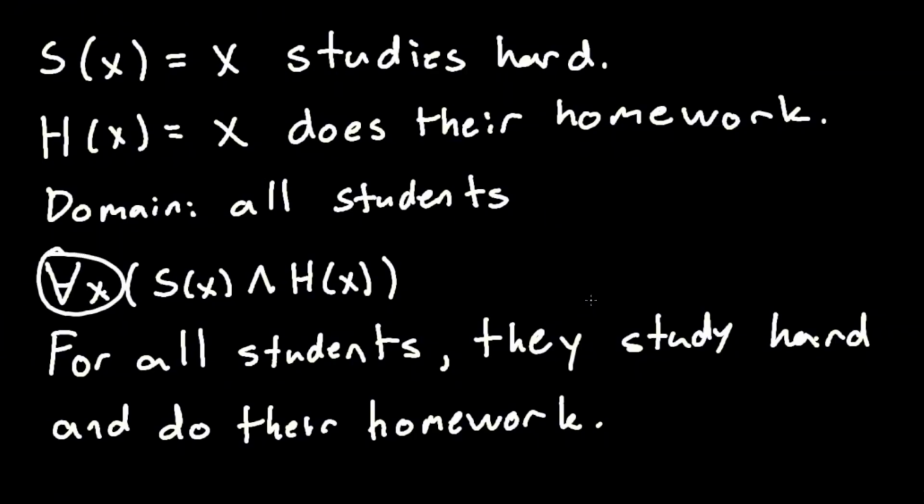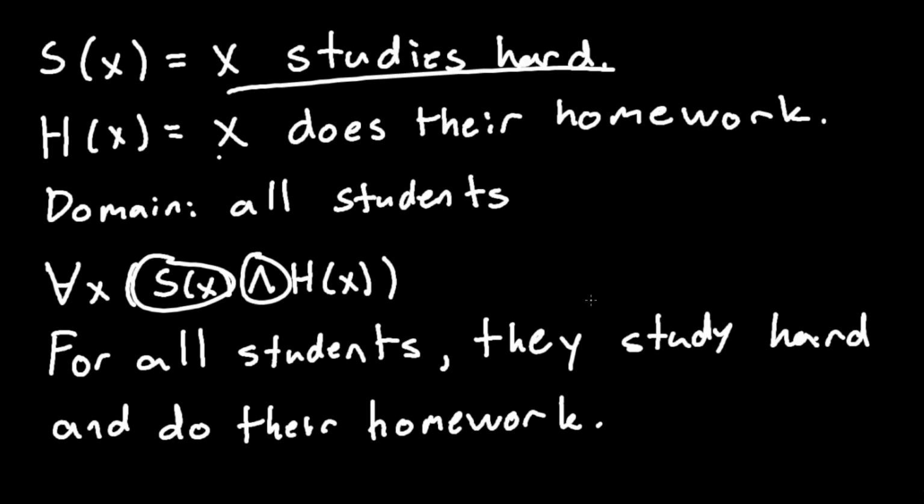So we have every student, which is the X, which is the domain of X after the quantifier. So every student studies hard and does their homework. There it is. So basically these are constructed similarly to the propositions, combining propositional statements together.